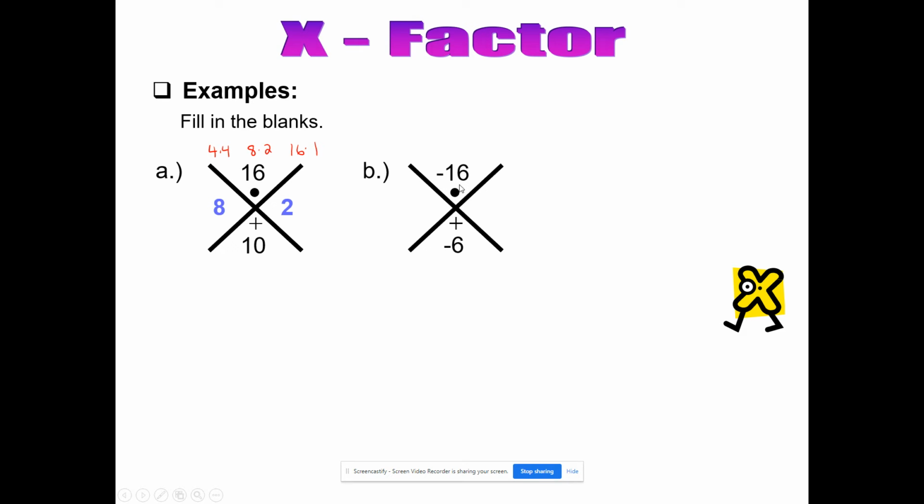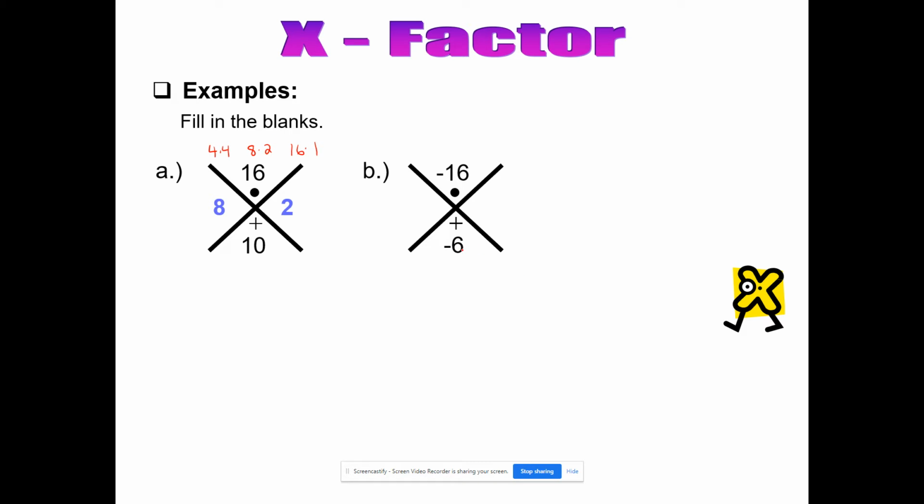Okay, now we have a negative here. So that actually adds another element to it. So it makes it a little bit more challenging, okay? So let's see here. We want 16. So let's use these same numbers here to get 16. Now remember I said add or subtract. 4 plus 4 is 8. 4 minus 4 is 0. 8 plus 2 is 10. 8 minus 2 is 6.